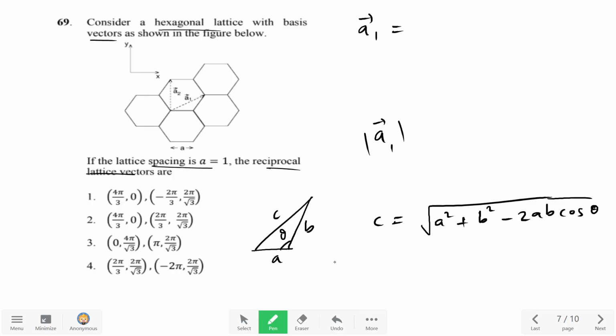If we use it here, we get the magnitude of A1 to be equal to root of, lattice spacing is given to be 1, so a and b are equal to 1. We are talking about this triangle.